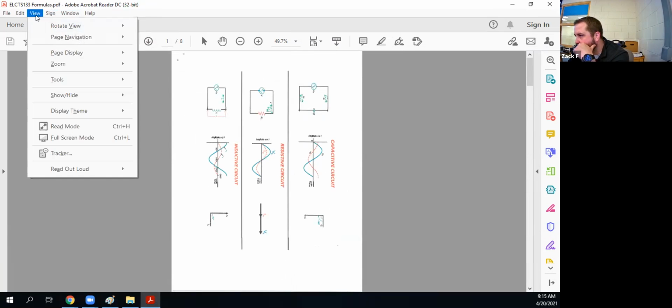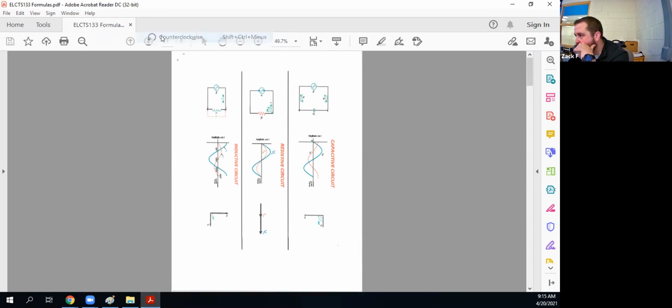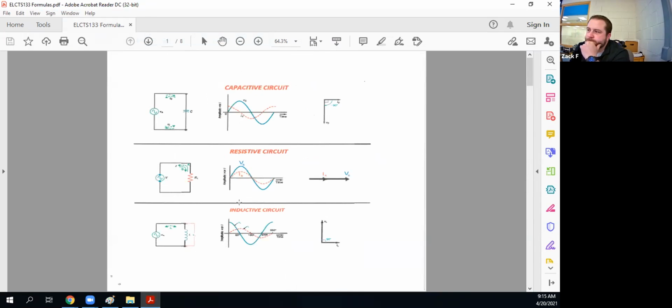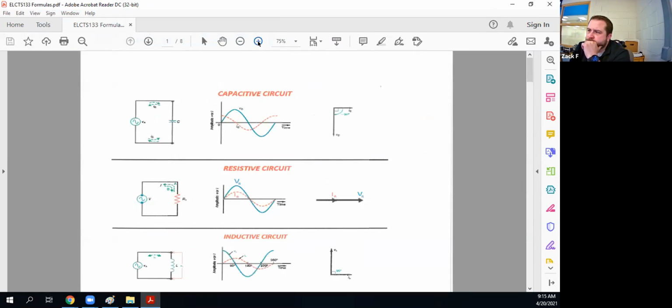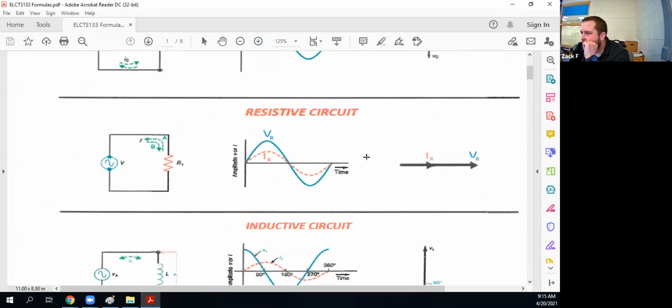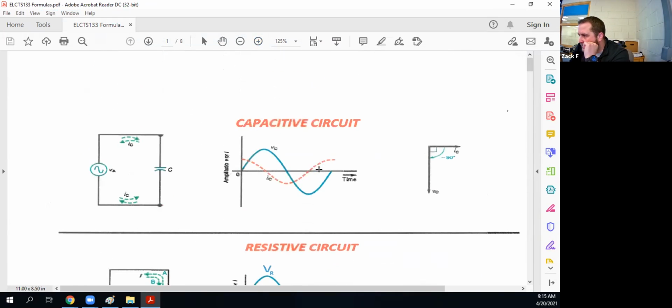Okay, and then with the resistance, they share a point. Well, this is a resistive circuit, and you can see how current and voltage are in phase with each other. You have a capacitor in series with an alternating voltage source. The current tends to lead the voltage, meaning the peak of the current is 90 degrees in front of the voltage.